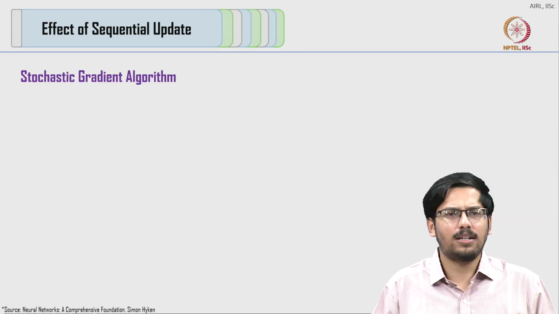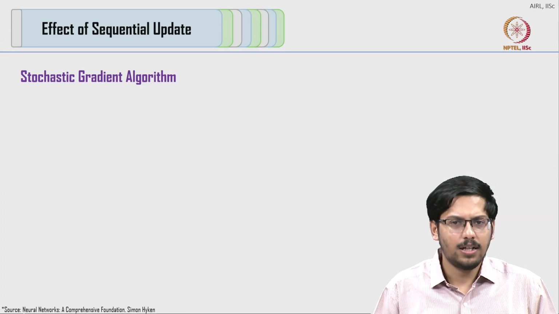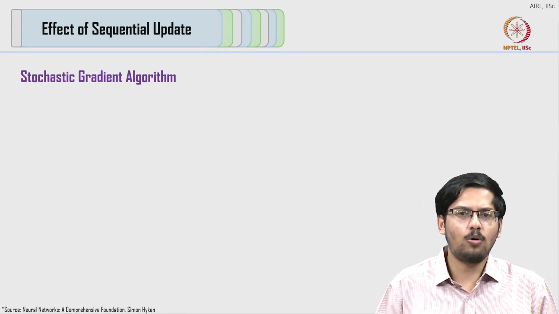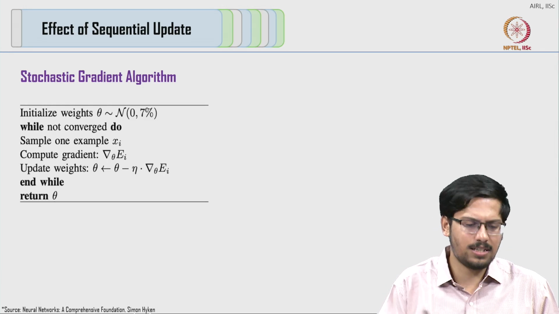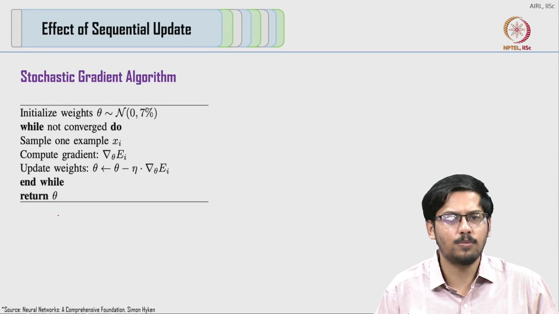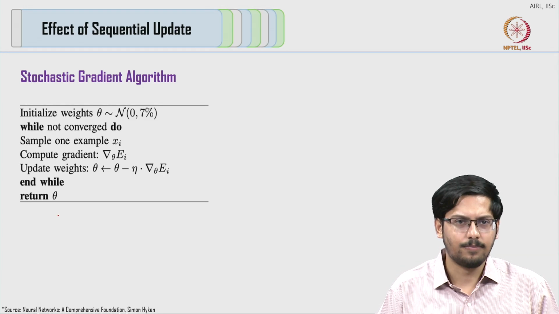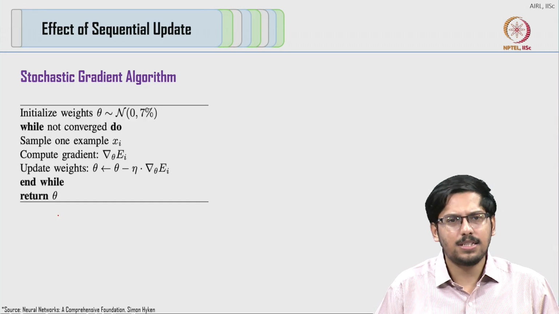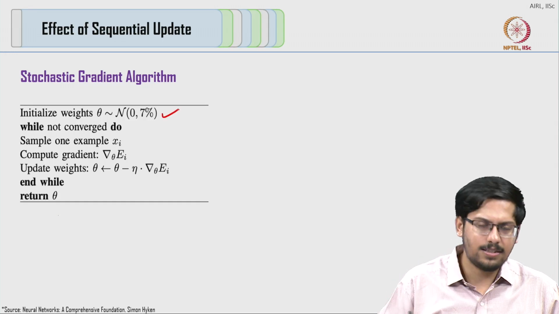Okay. Now lastly, let's take a look at the effects of sequential update. So we saw how a learning algorithm is working, and this is a standard algorithm that we also observed in the last lecture. So the standard procedure is, let's again initialize the weights randomly.